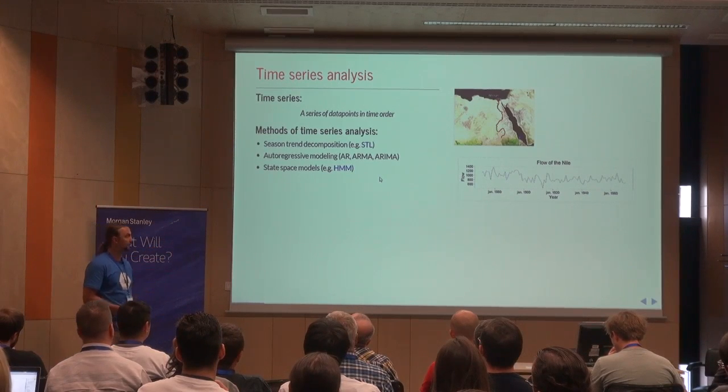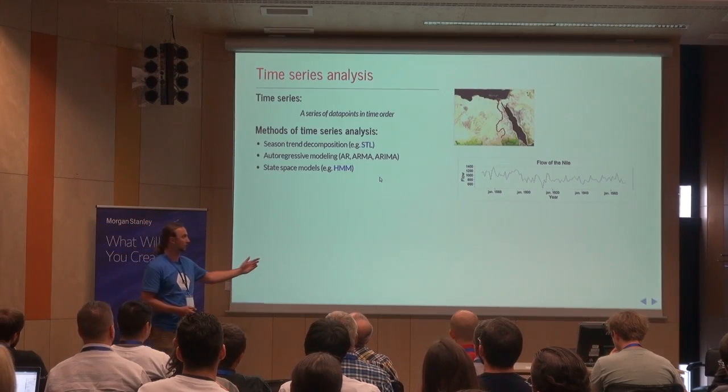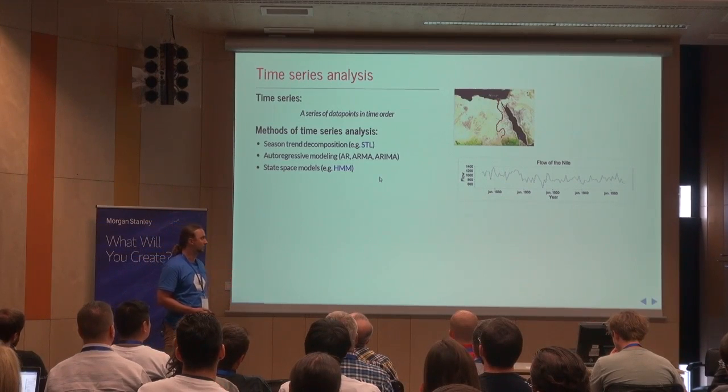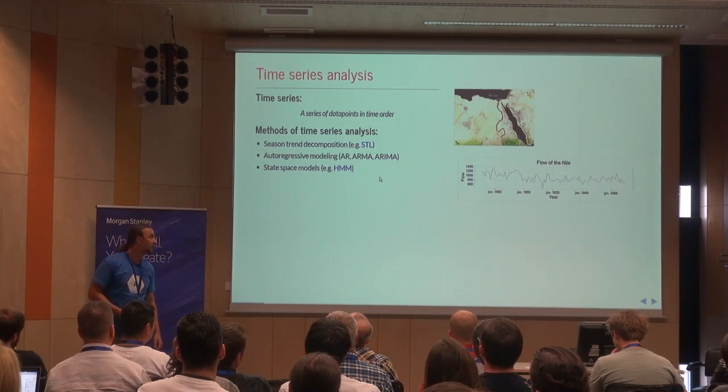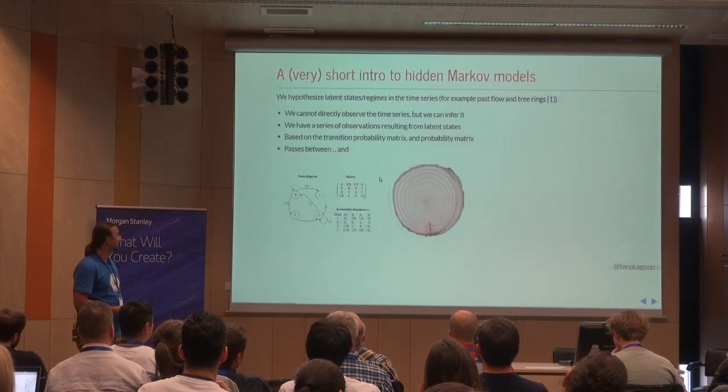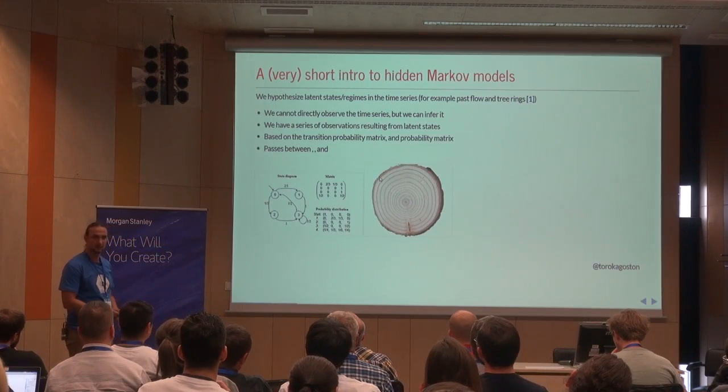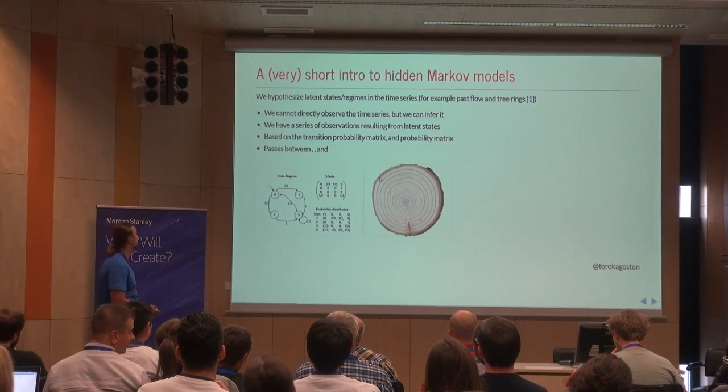You can see, for example, a time series, a flow of the Nile over around 100 years, that's a built-in dataset in R, and how we can make use of hidden Markov models.